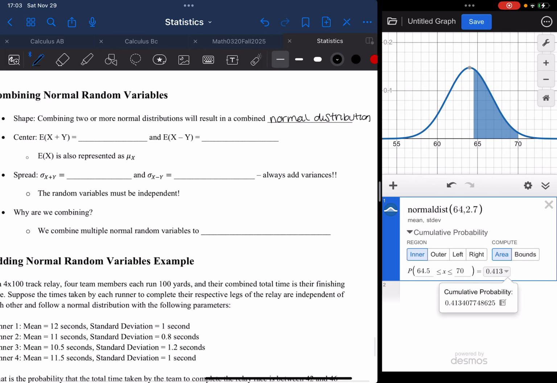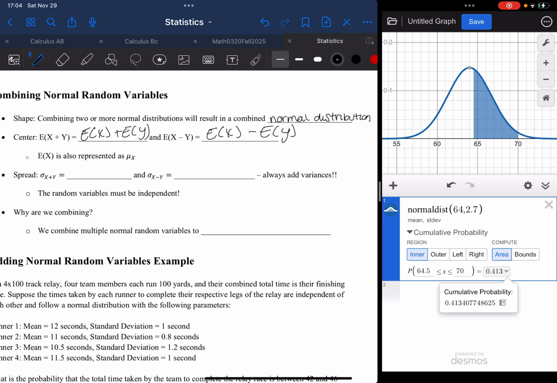Okay, the center, if you have the expected value of x plus y or the expected value of x minus y, that is going to be the expected value of x plus the expected value of y, or the expected value of x minus the expected value of y. Remember, E of x can also be written as mu of x. They both are going to be the same way to represent the mean.